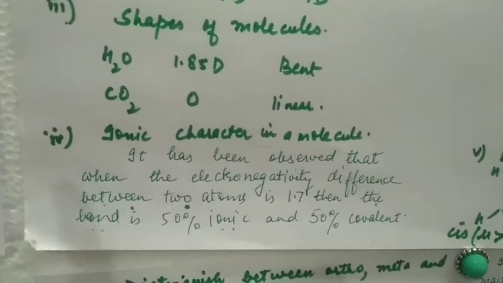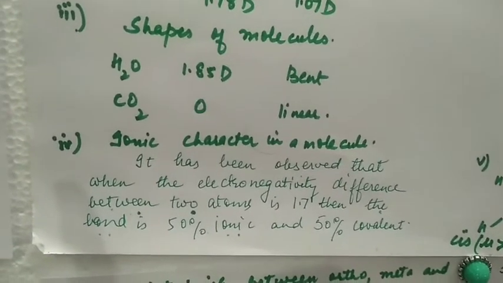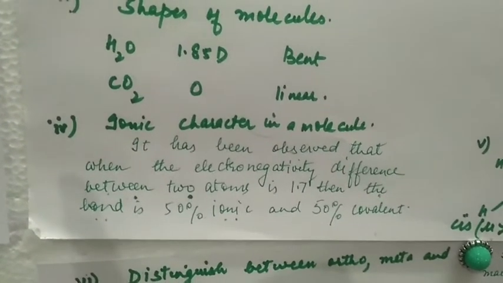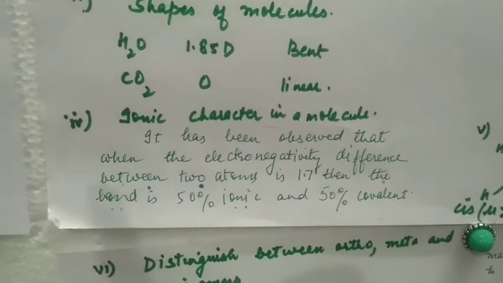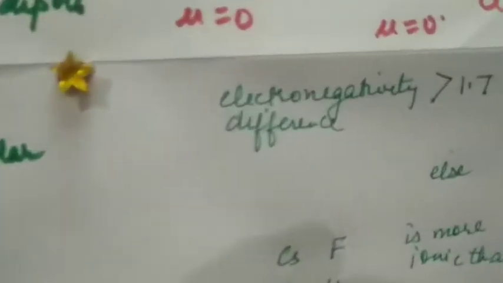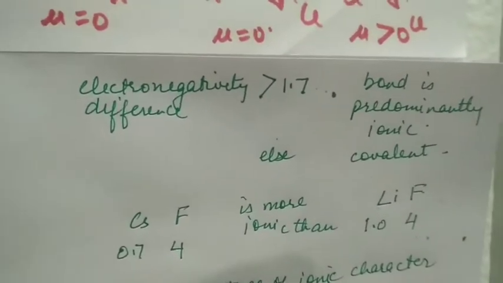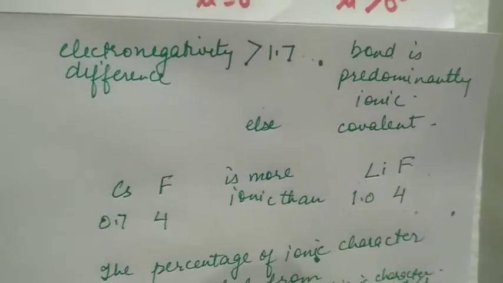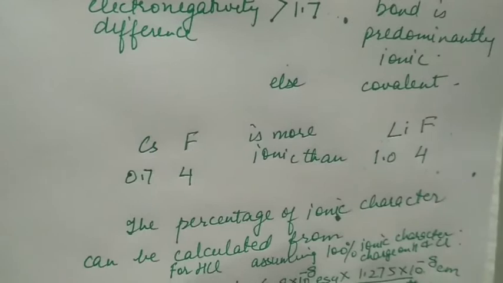It has been observed that when the electronegativity difference between two atoms is 1.7, then the bond is 50% ionic and 50% covalent. If the electronegativity difference is greater than 1.7, the bond is predominantly ionic. If it is less than 1.7, it is more covalent.